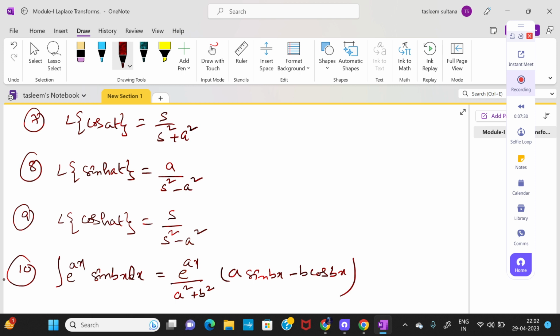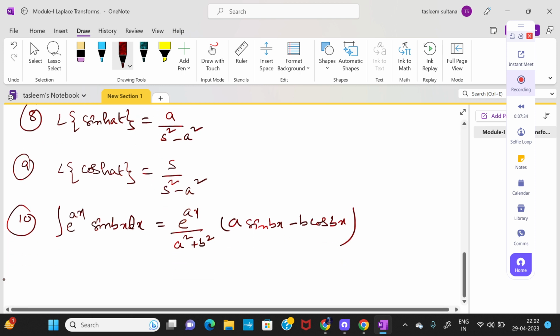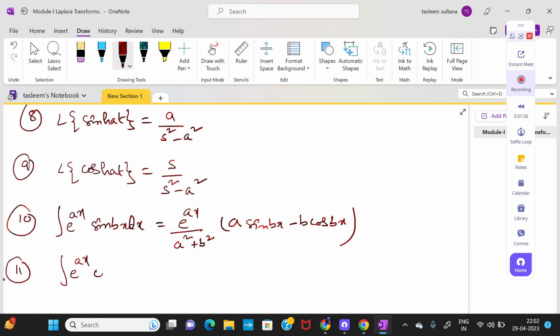And for cos, it will be a plus. The 11th one, in this form, integral of e power ax into cos bx into dx, which is equal to e power ax divided by a square plus b square of a cos bx plus b sin bx.